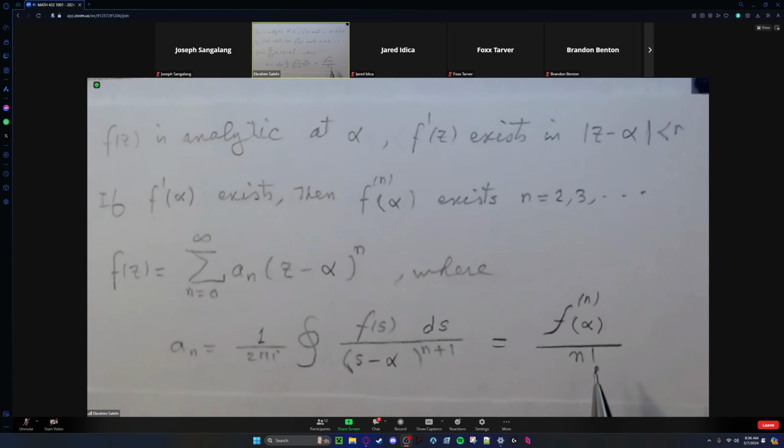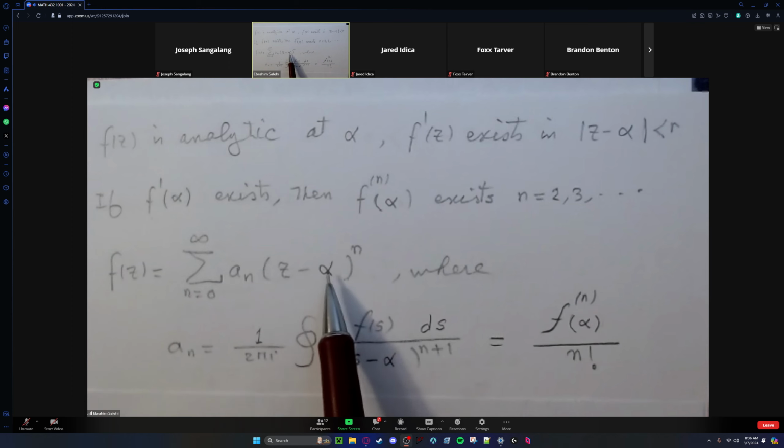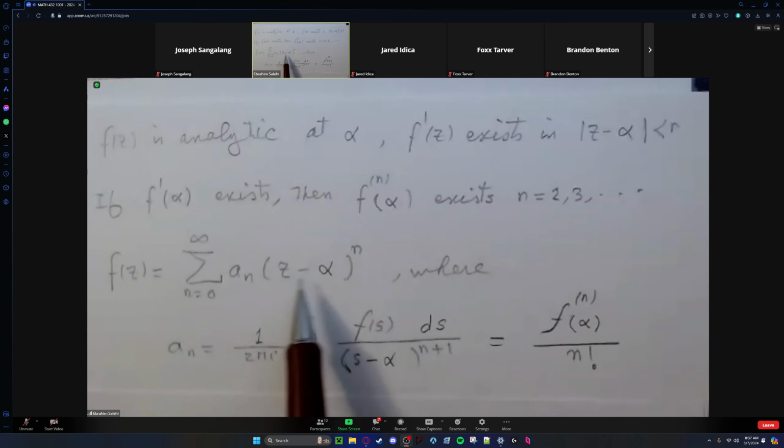The only thing is the function is not analytic at alpha. The function doesn't have derivative at that point. In fact, alpha is a bad point. And as a result, we are going to have negative powers of z minus alpha. We are going to have z minus alpha in the expansion in the denominator as well. All right, that's the difference. Good.